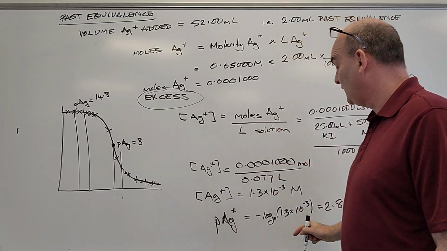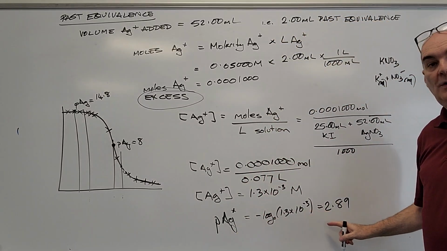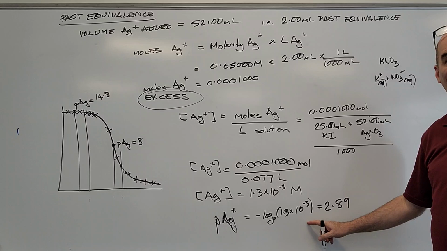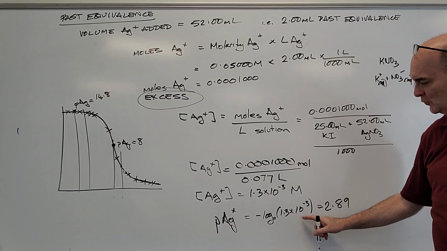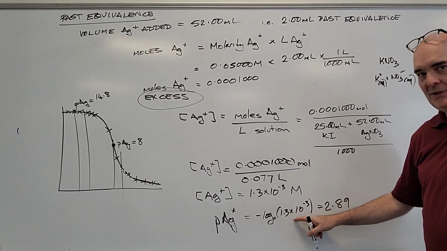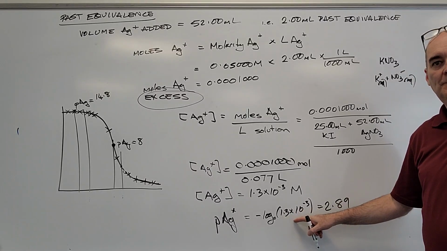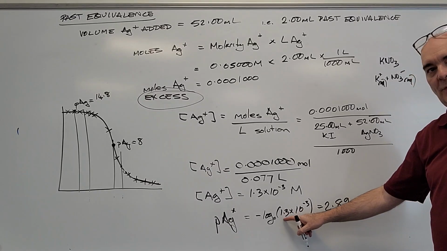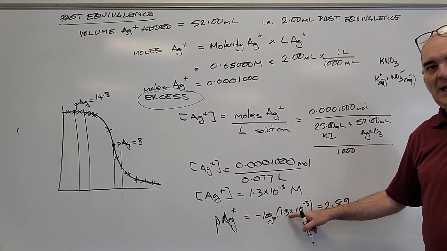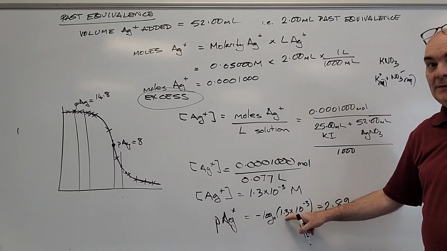So if we were to factor in the value of Ksp, 8.3 times 10 to the negative 17, not with two significant figures, you know, the amount of silver that is either being added or subtracted from this number is minuscule.